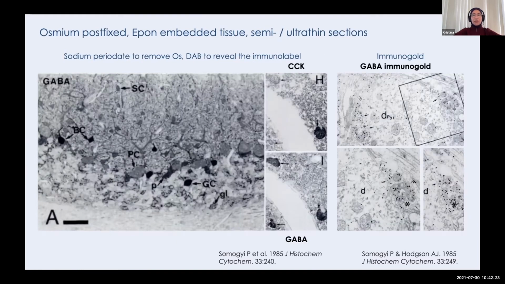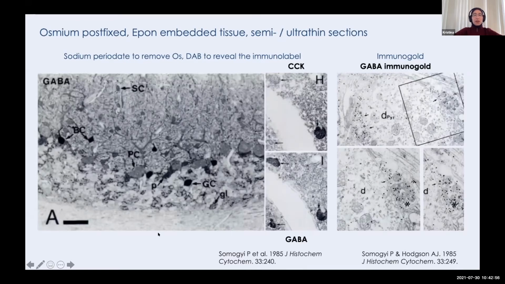GABA is a small molecule, a neurotransmitter used by the majority of inhibitory neurons in our nervous systems. This is a really useful antibody, probably one of the most used in neuroscience. It is great because it works for electron microscopy, for tissue prepared for very standard electron microscopy, so fixed with osmium, embedded in EPON, all those things.